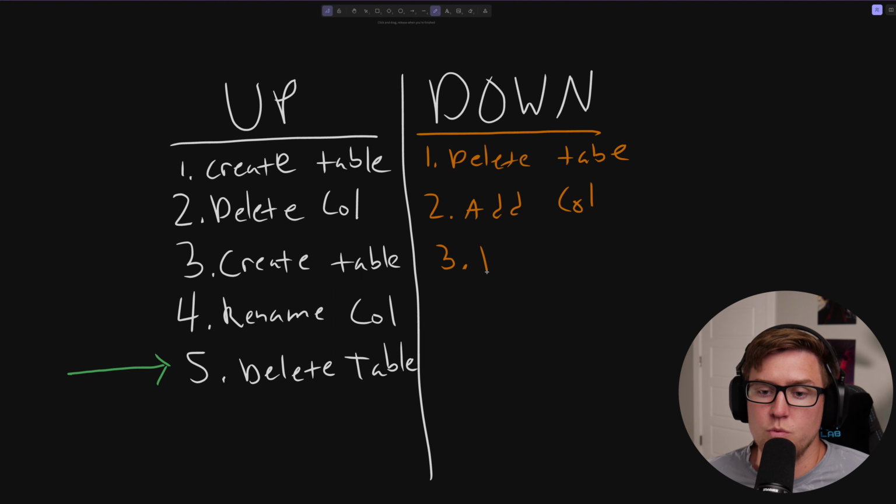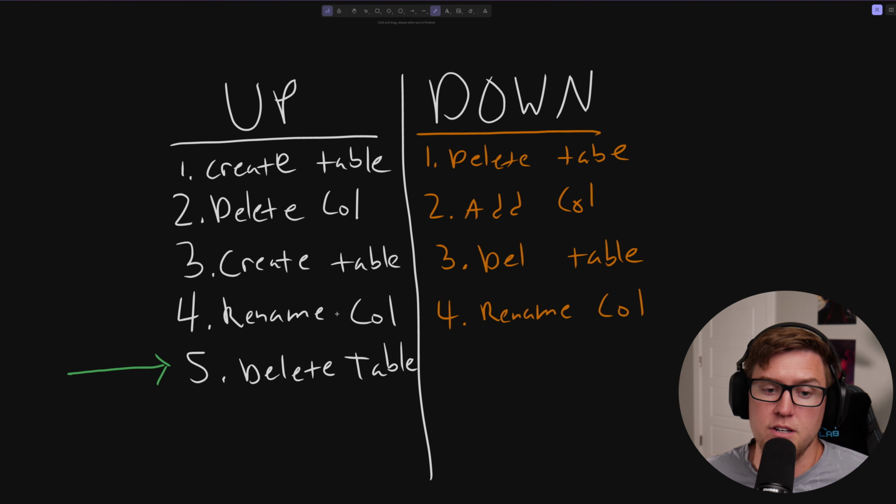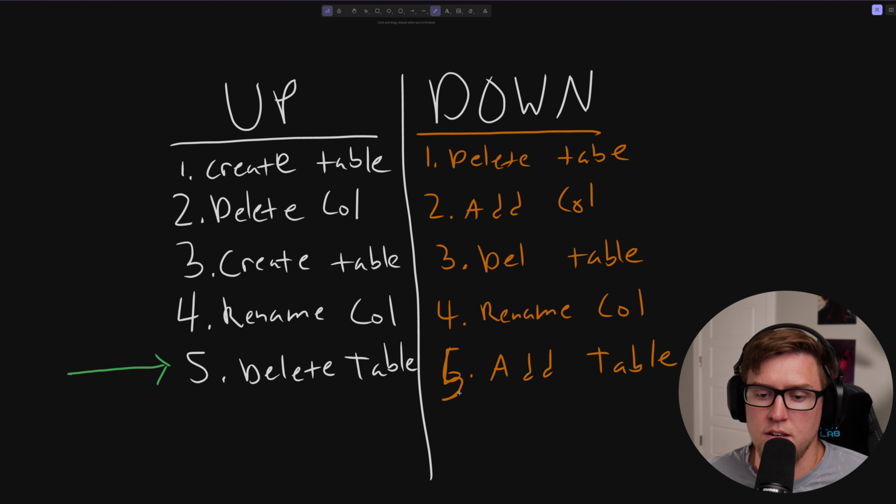The third down migration would delete a table again, delete table. The fourth would rename the column back to whatever it was, right? It would invert this up migration. And then finally here, we would have an add table command. And that's a 5.